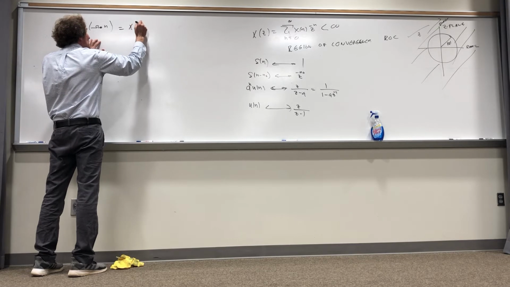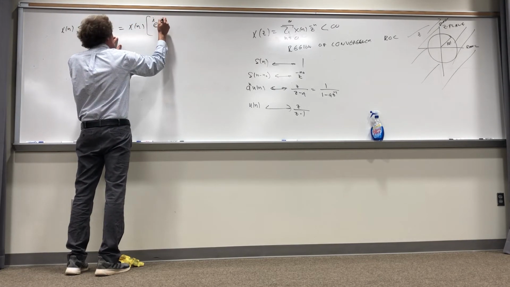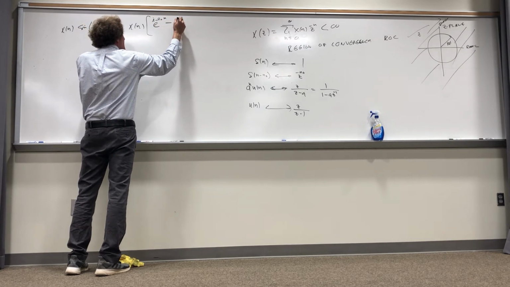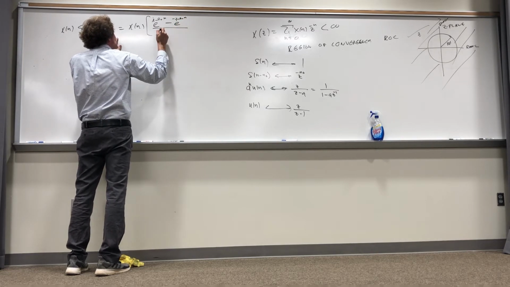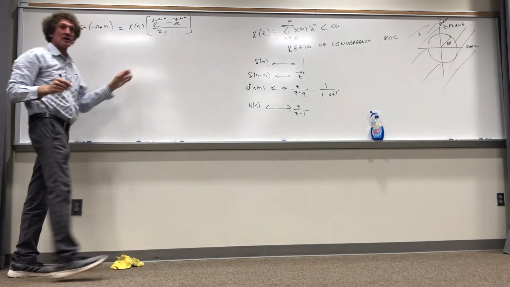You have x of n times e to the j omega naught n minus e to the minus j omega naught n, over 2j, right? Do you all agree with me, class?